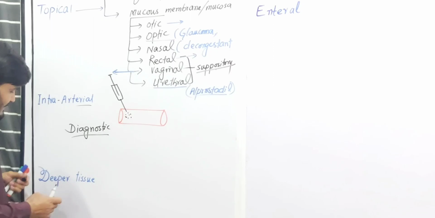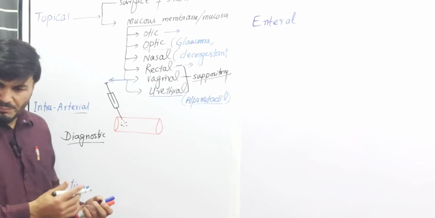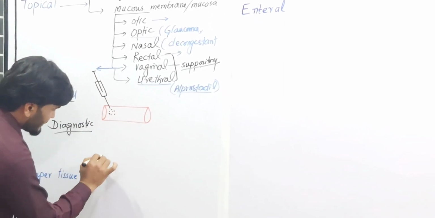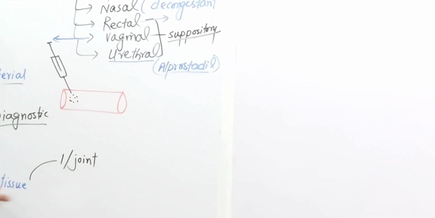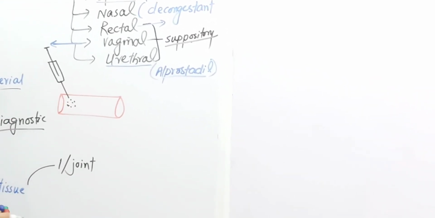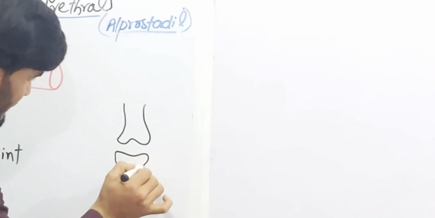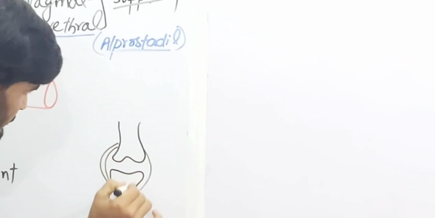Another route is the deeper route, in which the drugs are administered into the deeper tissue for local effect. This includes the intra-joint injection or intra-articular injection. Just like in case of rheumatoid arthritis, there is inflammation of the joint.